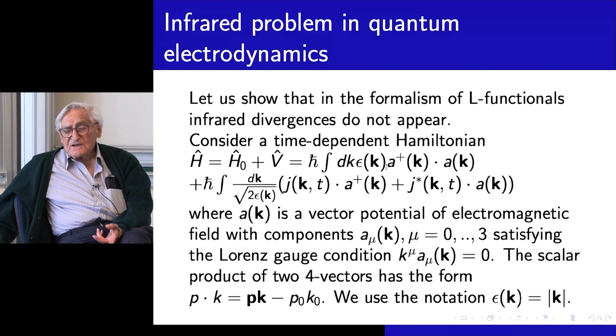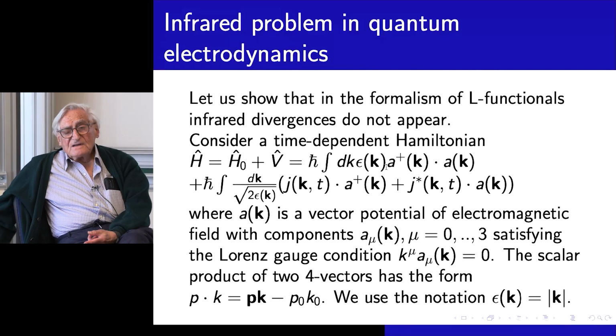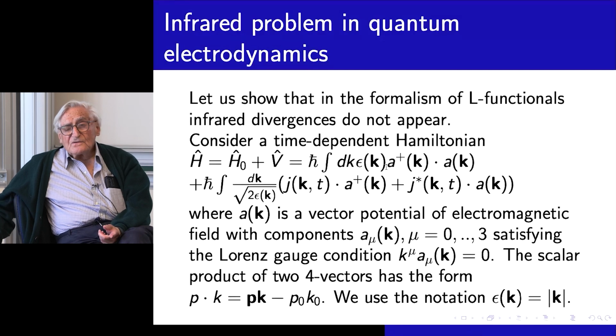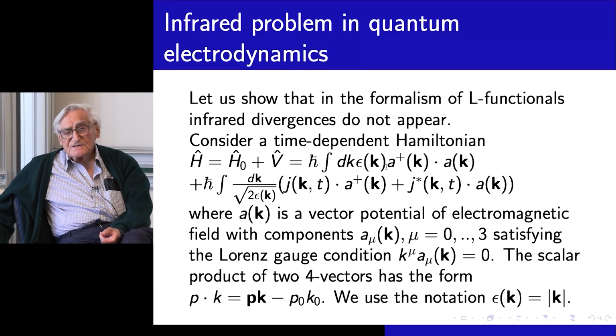Because, for example, if you have two colliding electrons and they give you also two electrons at the end, in the process of collision you definitely have radiation, you have some photons which are soft, this means that they have very small energy.